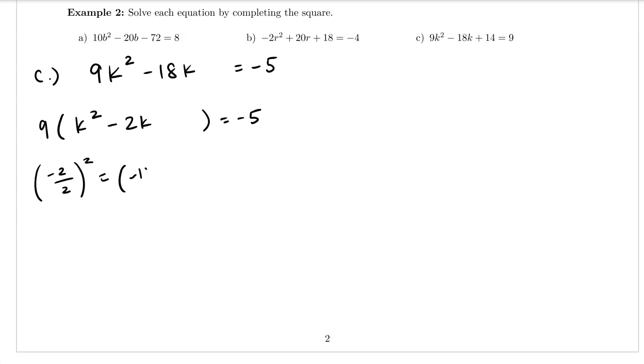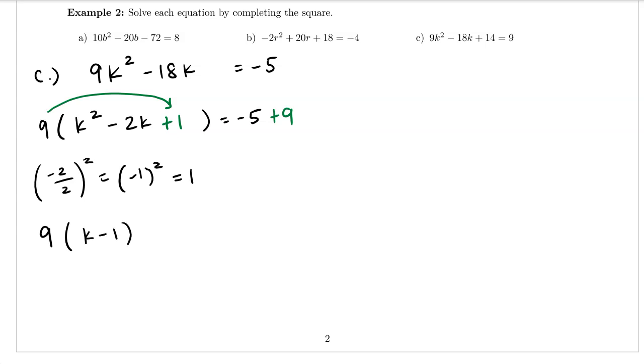That's going to give me negative 1 squared, which is equal to 1. So here I'm going to add 1, and then if I distribute the 9, that means we're adding 9 to the left-hand side, so I'm going to add 9 to the right-hand side as well.